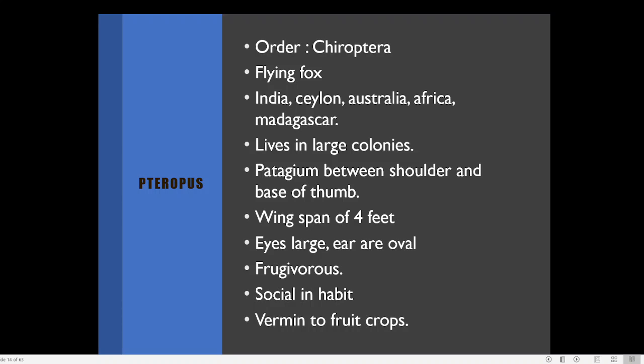Luckily we do not have any vampire bats here, but you might have heard about them. They have very powerful teeth for sucking the blood. But several types of interesting bats are there. For example, I will show you the painted bat. See, this is a very interesting, very colorful bat.